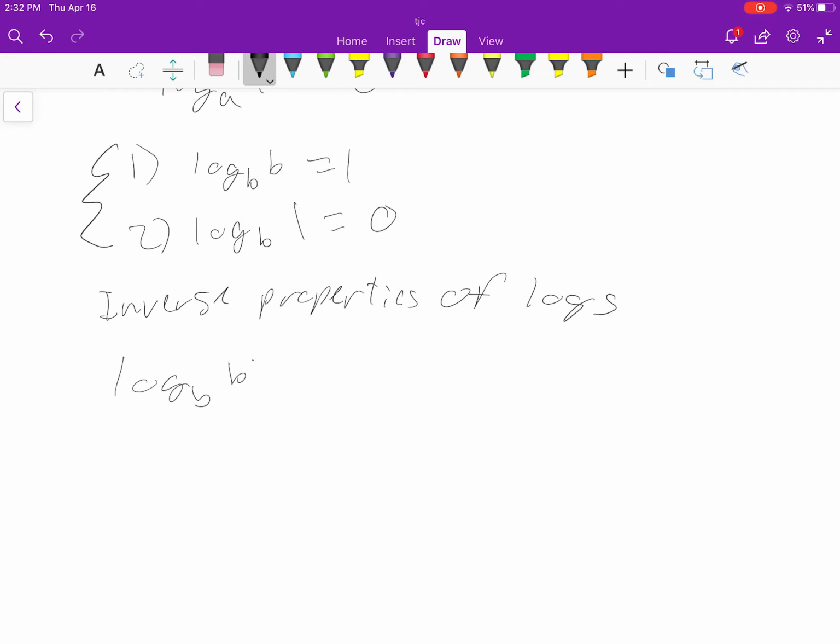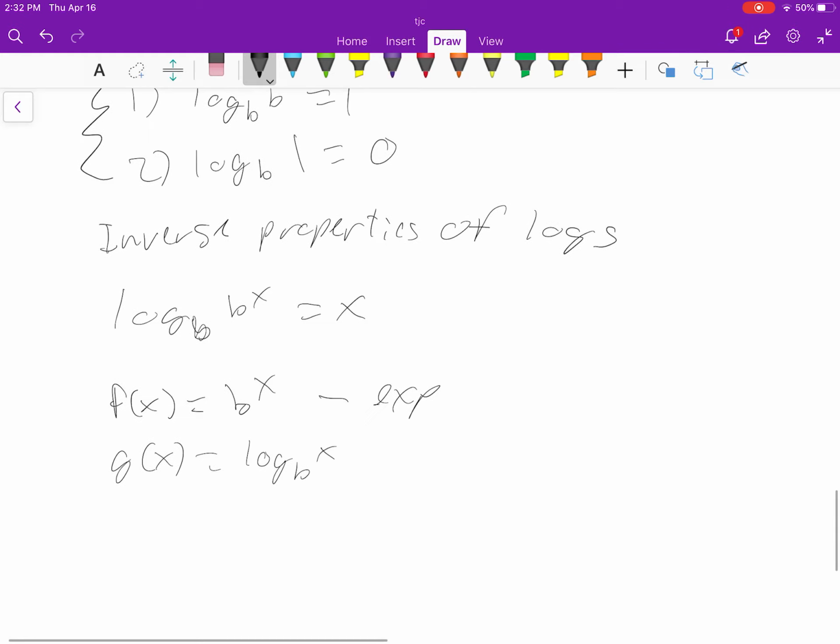Log base b of b to the x equals x. If we notice here, this property is true. In order for them to be inverses, if you plug the function into itself, so f of x equals b to the x, that's your exponential, and we're saying the inverse of it is g of x equals log base b of x.